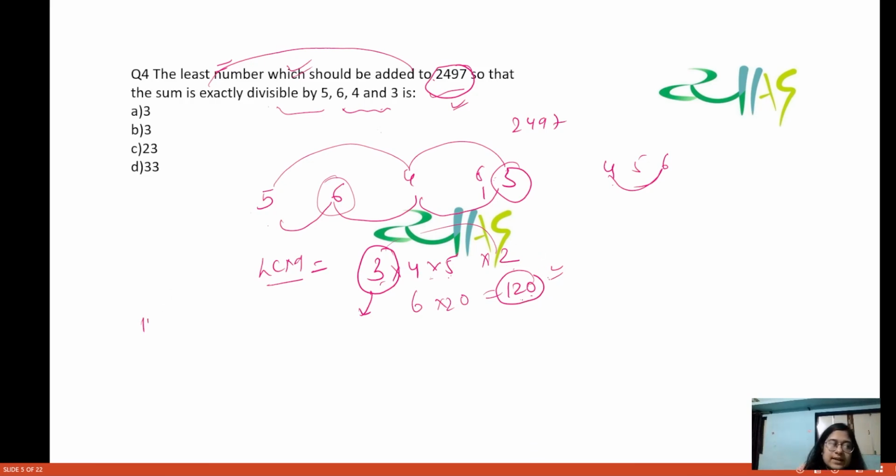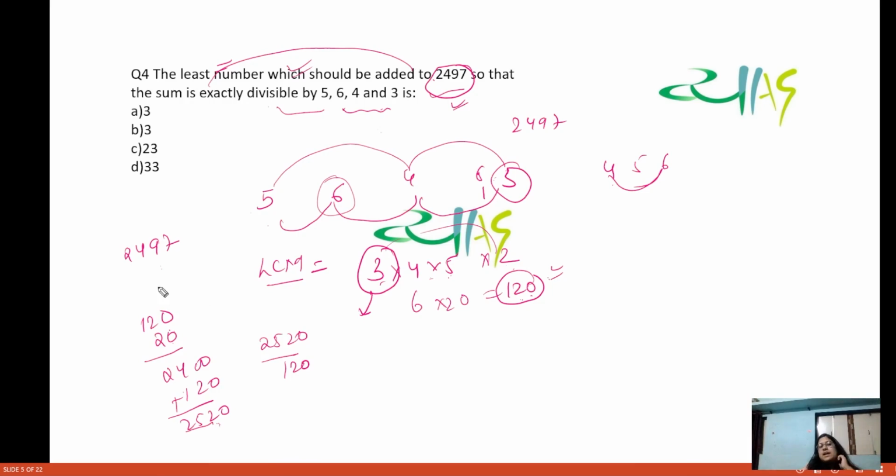Okay, this is 120 and you are given the number 2497. So if I multiply this by 20, I will get how much? 2400. If I add one more 120 here, what will I get? 2520. See, now this 2520 is divisible by 120. Why?